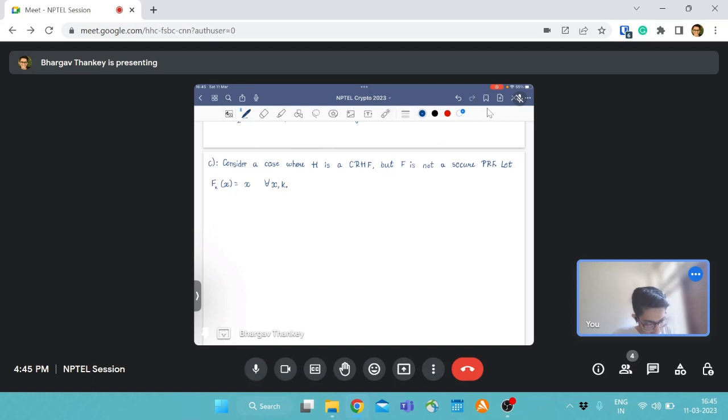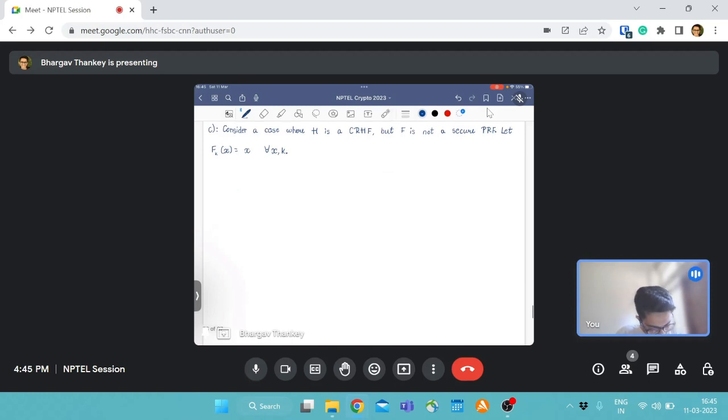What happens over here is the following. Let's just create a distinguisher D prime. So here's what the distinguisher is going to do. It can just send X1, one single message, to the verifier. And what the verifier does is the usual thing.